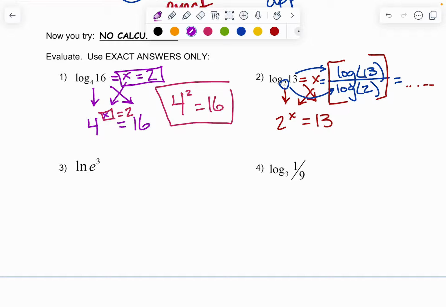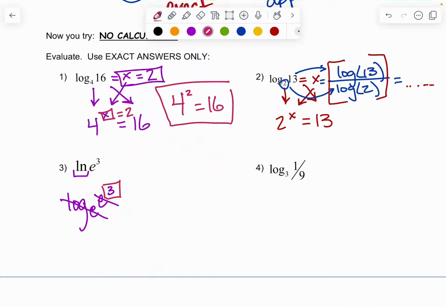Down here I've got ln e cubed. Well, the natural log is log base e. So pretty much I'm canceling these out. These cancel essentially. And my answer is 3.